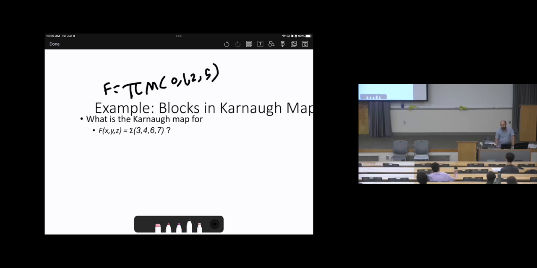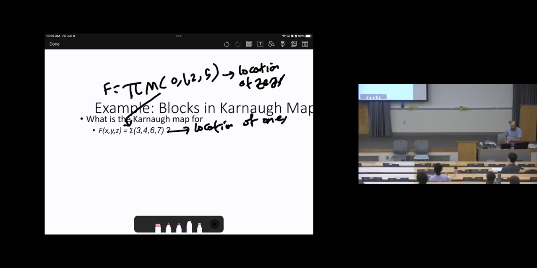How can we deal with this problem? Max terms are the location of zeros. So what you need to do is convert the max terms to min terms, because min terms are the location of ones. So whenever you have max terms, convert them to min terms so you can determine the location of ones.